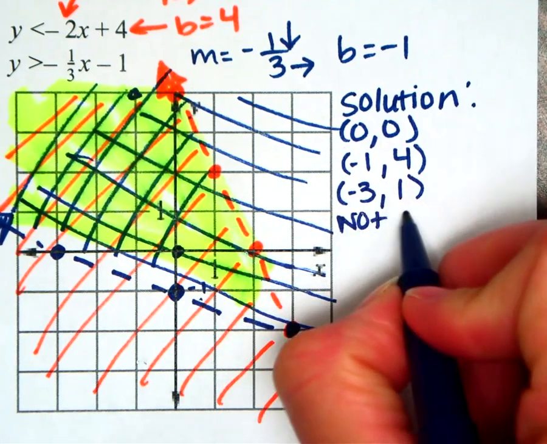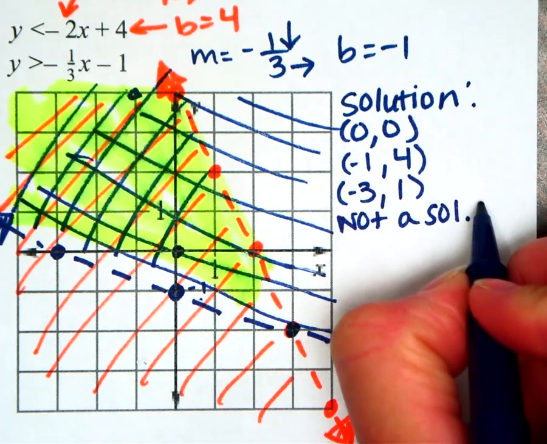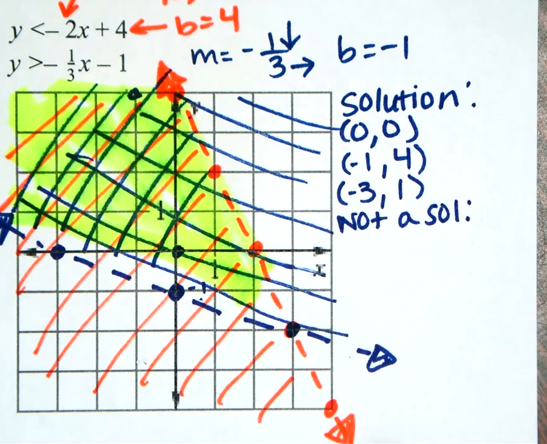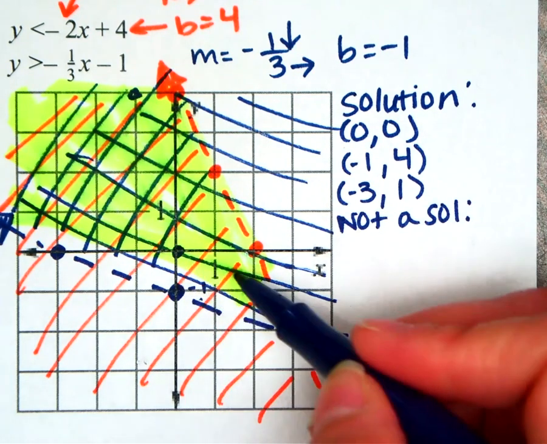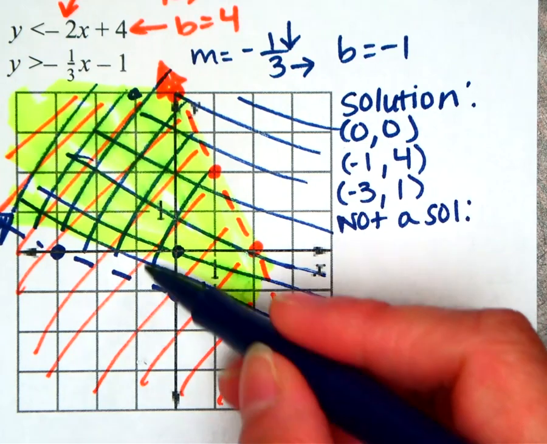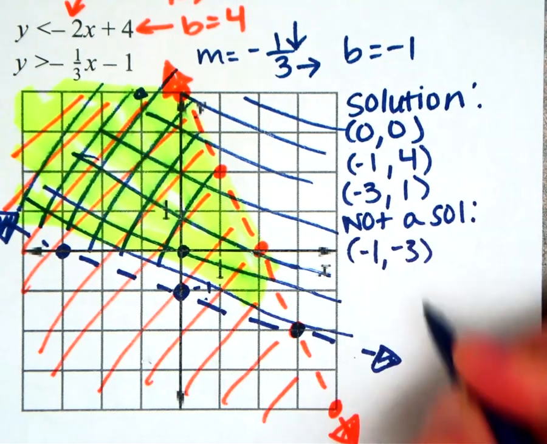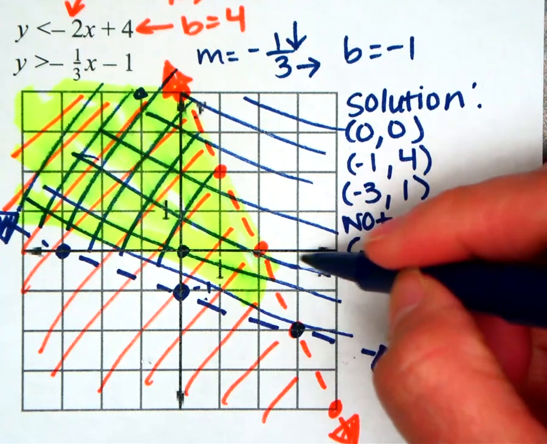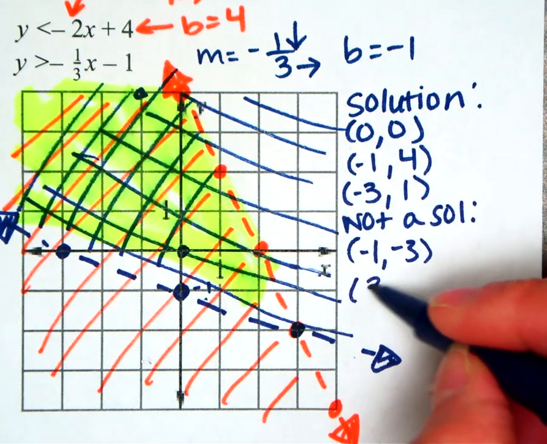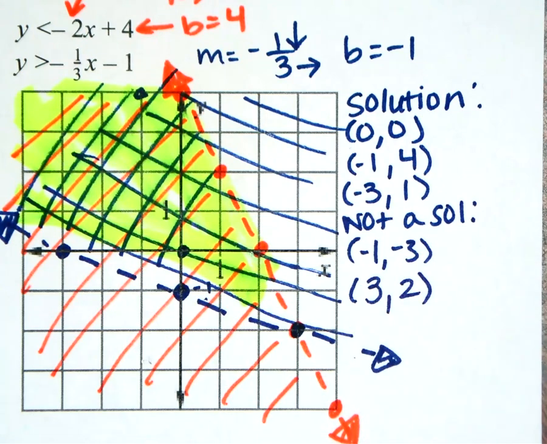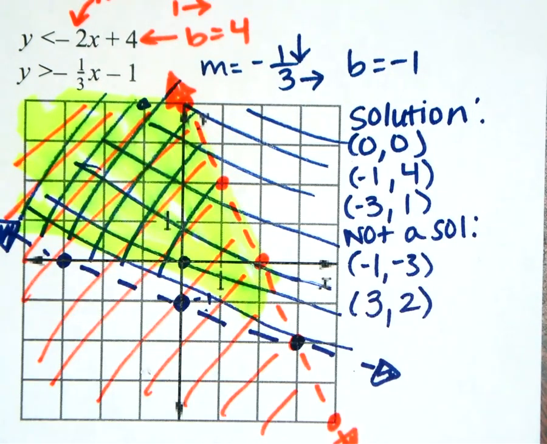Something that's not a solution would lie in something that falls outside of that area. So -1, -3, or +3, +2. If it's on the outside, it's not in the shaded area.